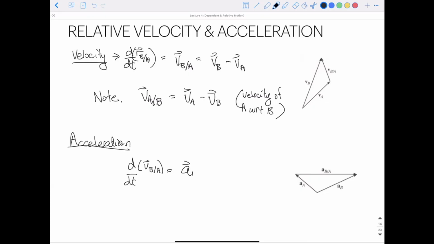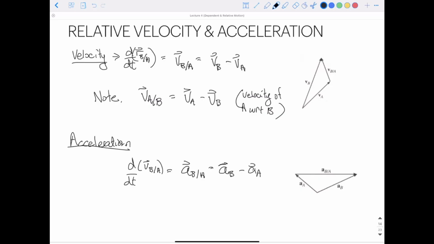That would be our acceleration of B with respect to A, and that would be acceleration of B minus acceleration of A. So if we can find our position and their velocities or accelerations, whatever we're looking for, in vector form, it becomes quite easy to determine what our relative velocities and accelerations are, because we are just adding and subtracting those fixed coordinate or absolute vectors.